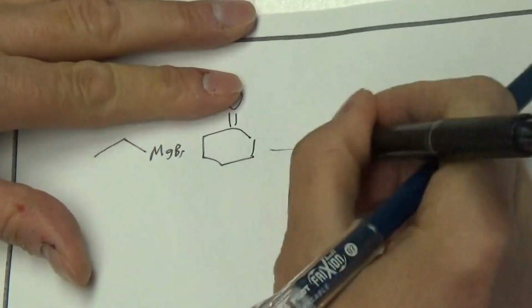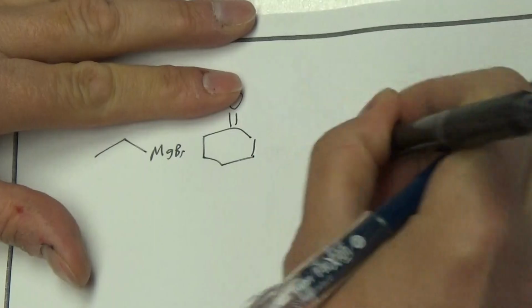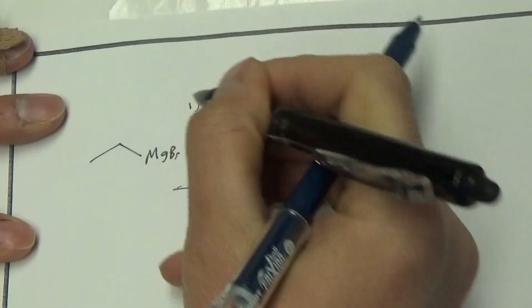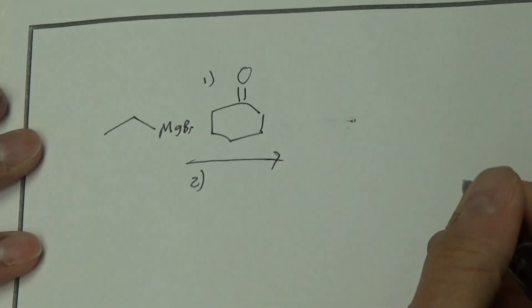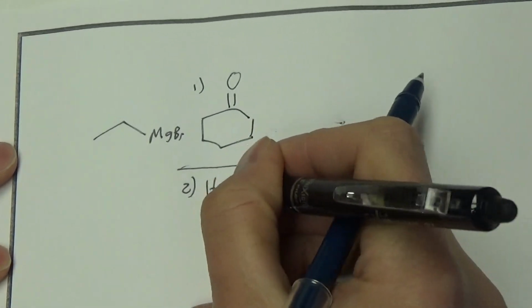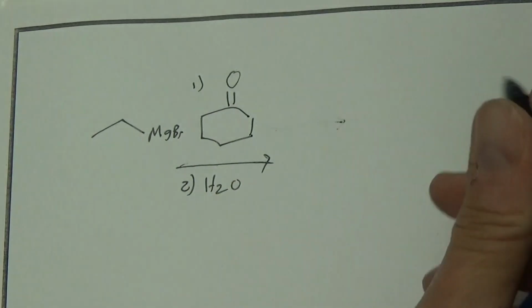Let's draw this. There's step 1, there's step 2. So we have ethyl Grignard, ketone, and then water. What's the product? And what's the mechanism?